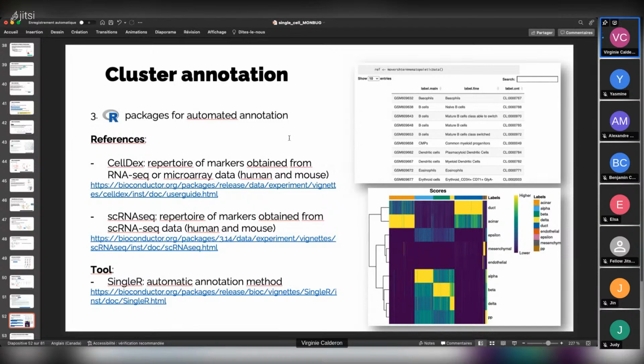I repeat, this type of approach works if the data you're working on have already been published or already studied.